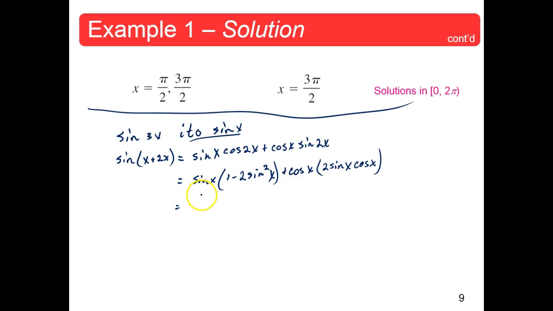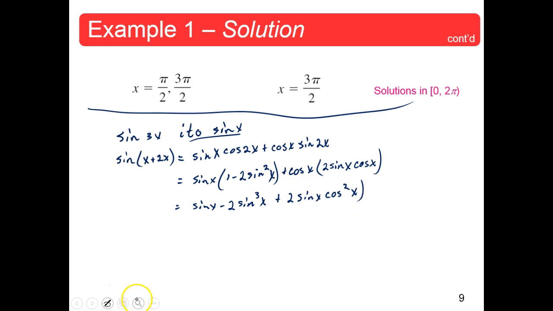This will be sine x times 1 minus 2 sine squared x. Sine x, that's sine x minus 2 sine cubed x. It's still in terms of sine x, it just happens to be cubed, right? Plus, this will be 2 sine x cosine squared x, right?